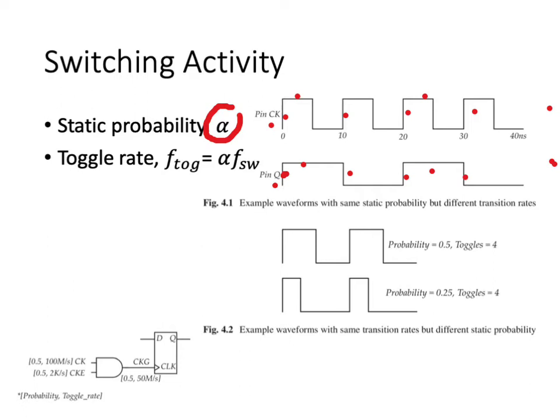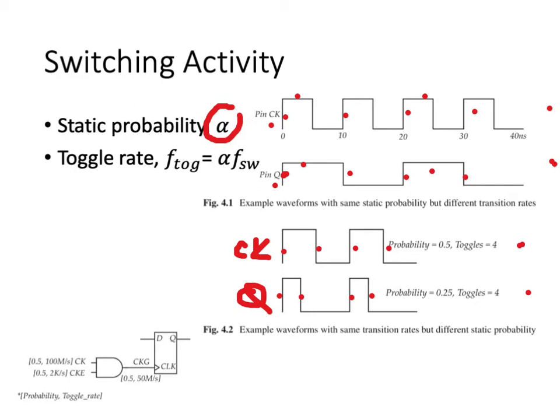Let's now consider this example here with pin CK here and pin Q here. In this case, for the given computation duration, there are 2 up transitions, 2 down transitions, 2 up transitions, 2 down transitions. So the toggle rate for CK and the toggle rate for Q are the same. That is, the same number of transitions per unit time.